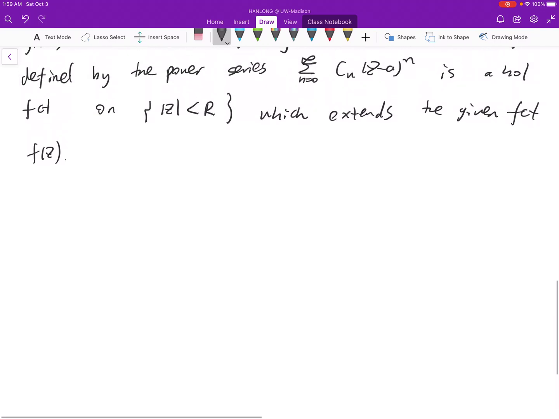So here, what does extends mean? It means f(z) equals g(z) if 0 < |z| < R strictly.